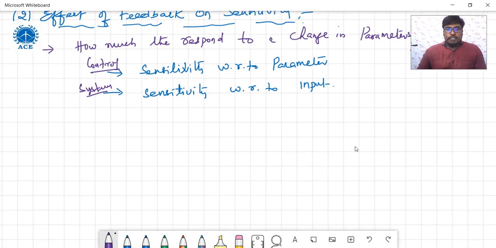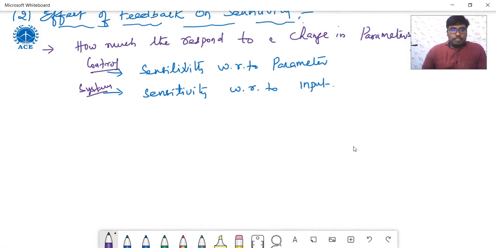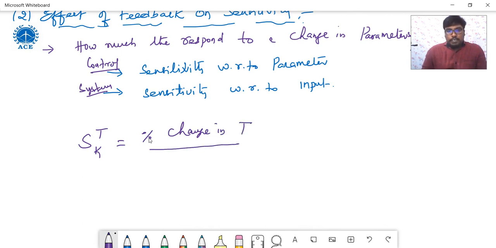Let us see. Sensitivity of the overall gain with respect to the parameter is equal to the percentage change in overall gain divided by the percentage change in parameter. In this case I took K as a parameter.